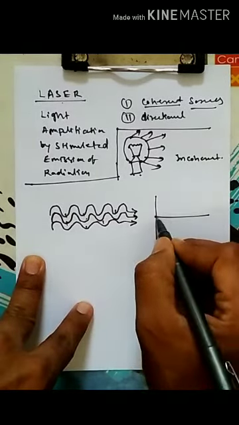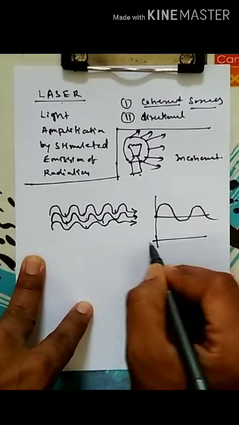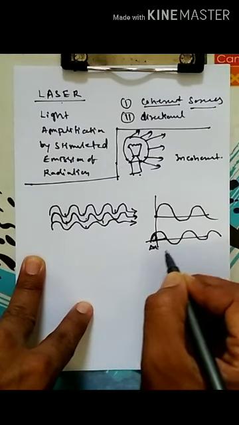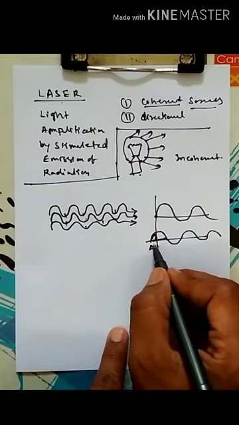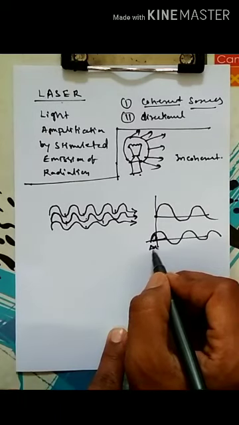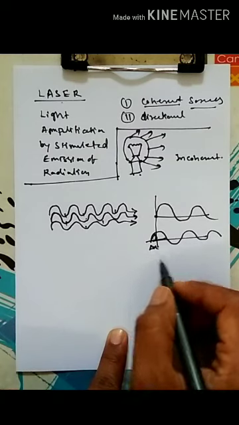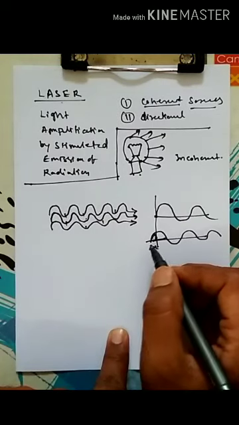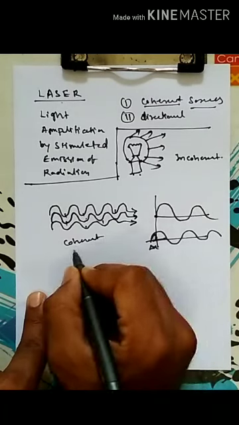Suppose this is the first wave and this is the second wave, so this is the difference delta x. That delta x difference must be maintained during the entire time duration. As the time changes, this must not change. So as time changes this difference is maintained, or sometimes the difference is zero, and that is known as coherent sources or coherence.